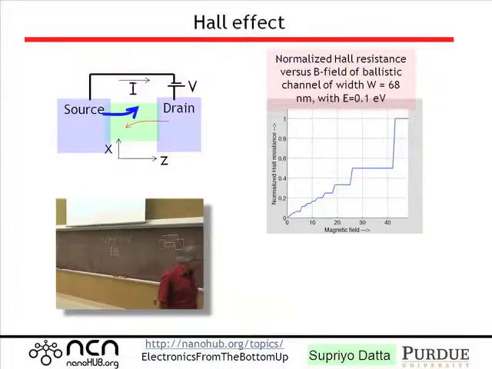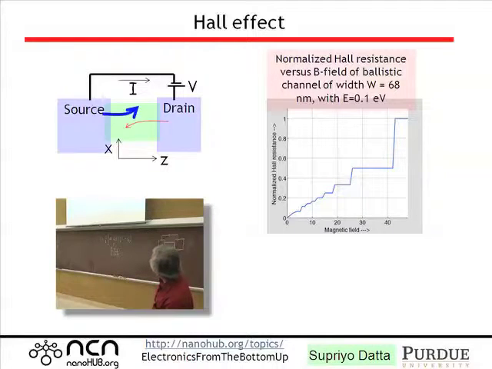The other example: if you are comfortable with the 1D, then let's try the 2D. And a good 2D problem is the Hall effect problem. Just a 2D conductor, you can first calculate conductance without any magnetic field, then see what happens in a magnetic field.